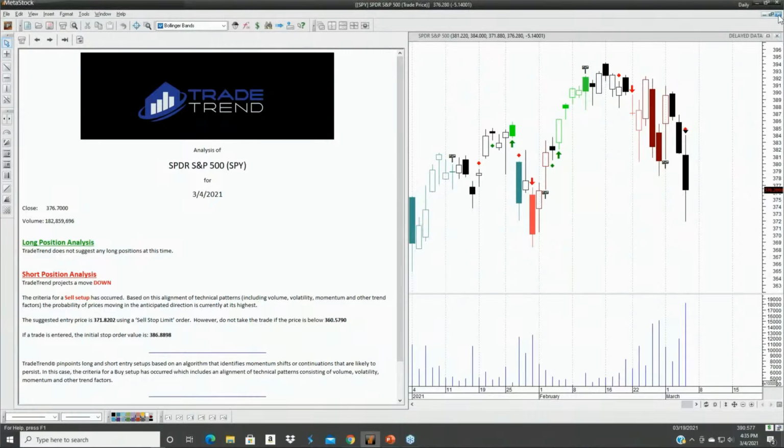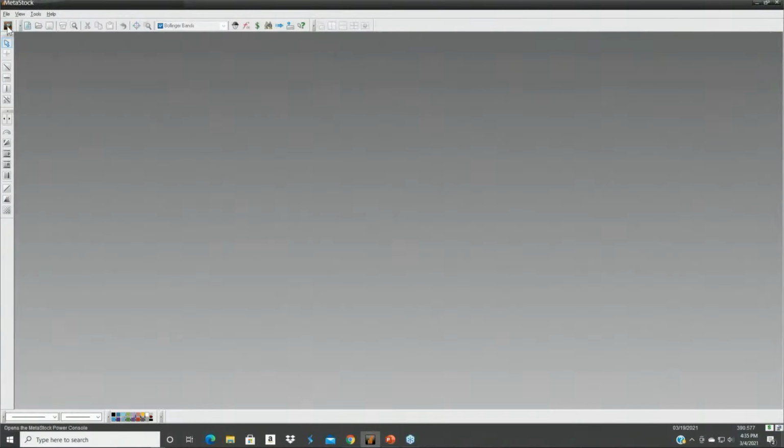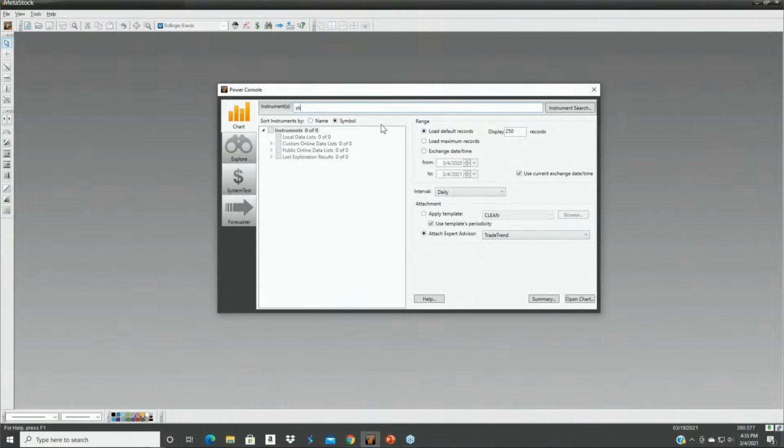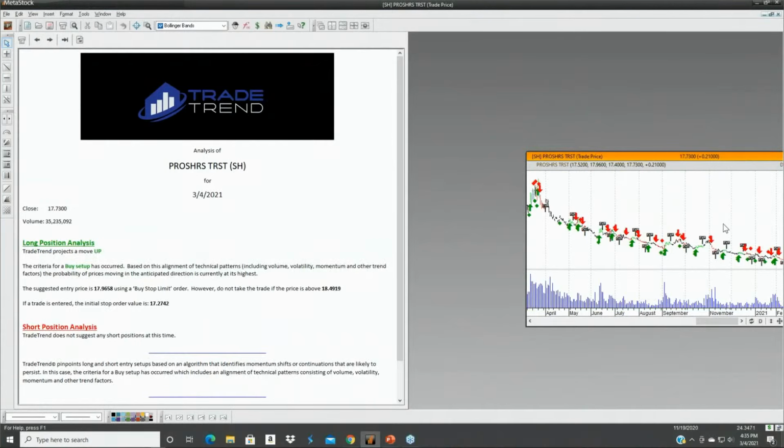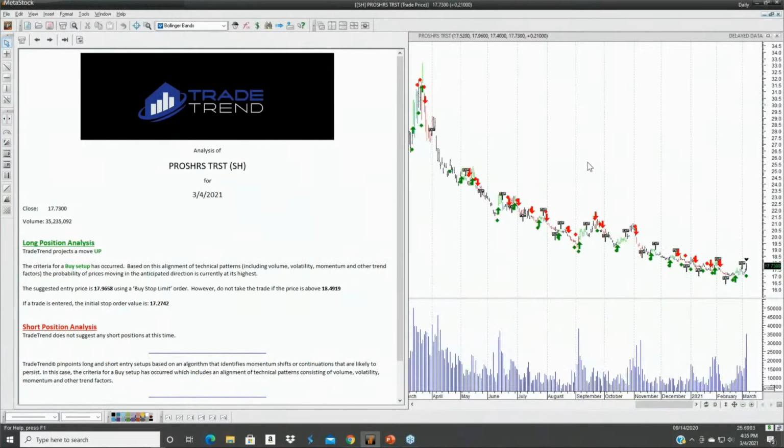I am not either. Edward, if you could tell us what SH is. The inverse of SPY, is what he says. SH is the inverse of SPY. Oh, okay. Yep. So I normally do the SPXS, which is a leveraged inverse of the SPY. I've never traded the SH. Obviously, it's a ProShares inverse ETF.